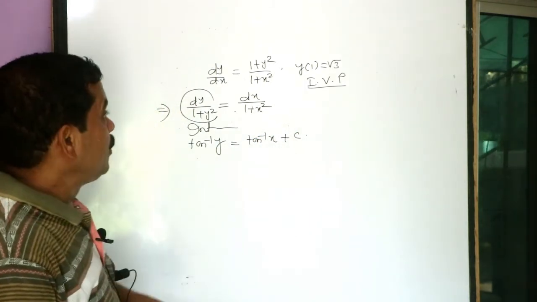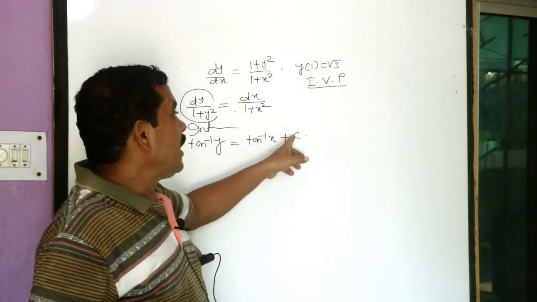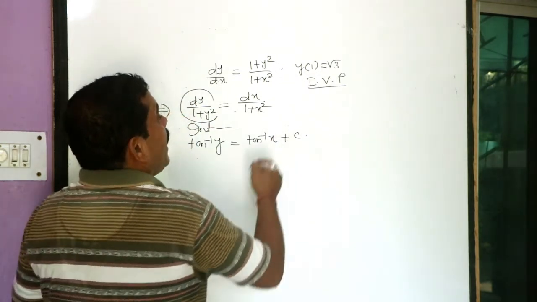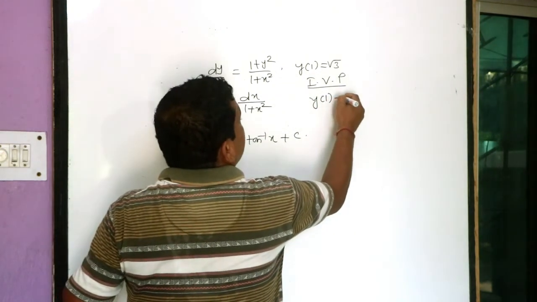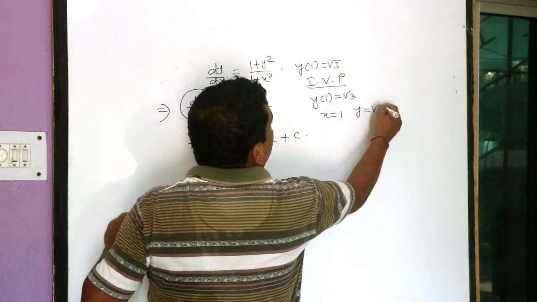Then by using this condition we have to find the value of c. Here y(1) = √3, meaning x is 1 and y is √3.